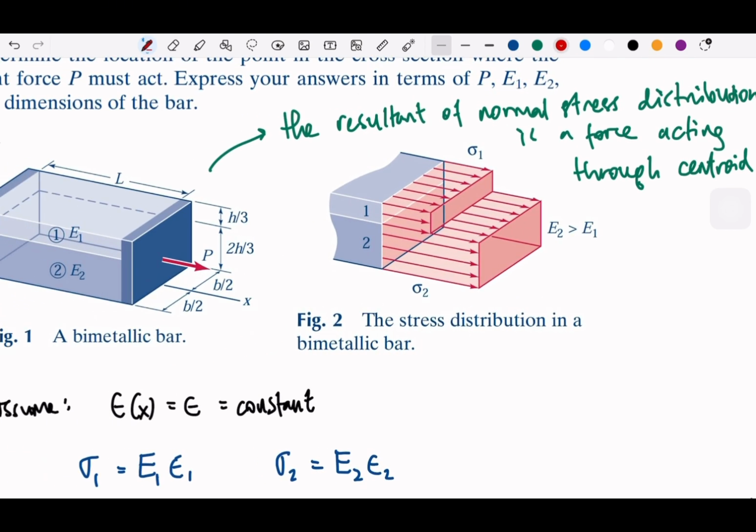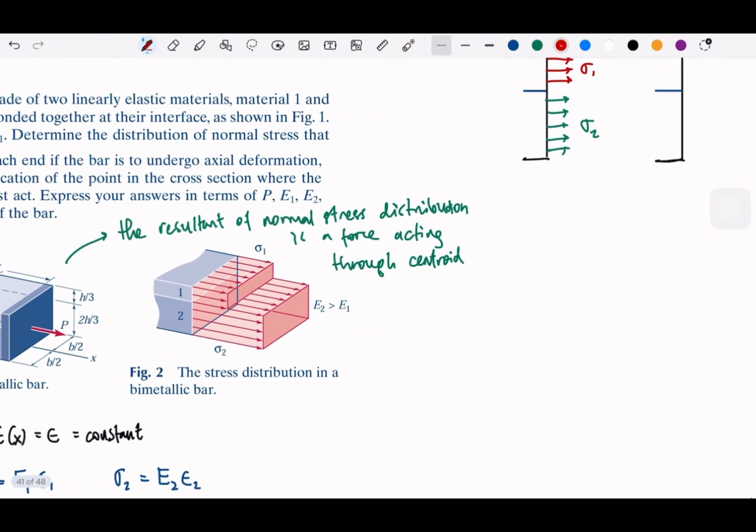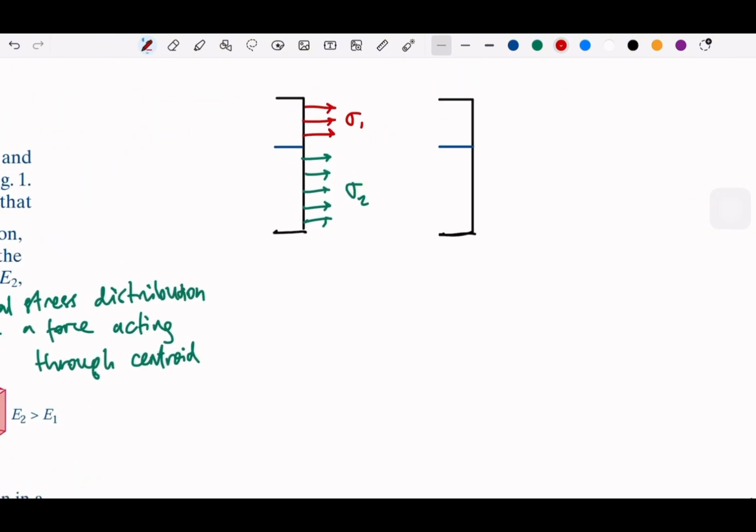So remember that we have this h/3 and 2h/3. That is for the total height for each bar. So the centroid becomes half of the h/3. So this will be h/6. And let me just write this as P1. So we can replace the stress distributions by the P1 and P2 for each metal bar. And this will be the P2.